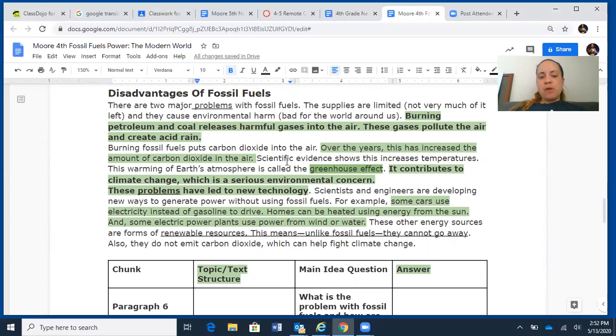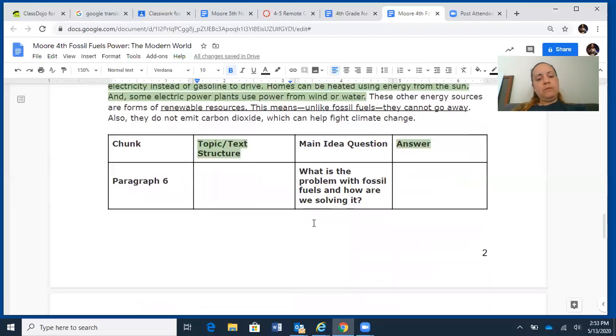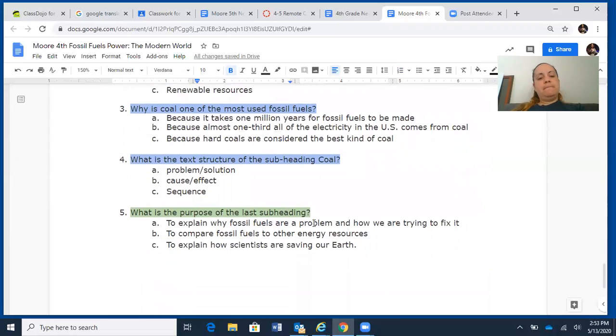It tells us about the problems, and then it says these problems had led to new technology. And then it tells us the way that they solved the problem. So the whole paragraph, the purpose of the paragraph was to tell us the problems from fossil fuels and how we're solving that problem.